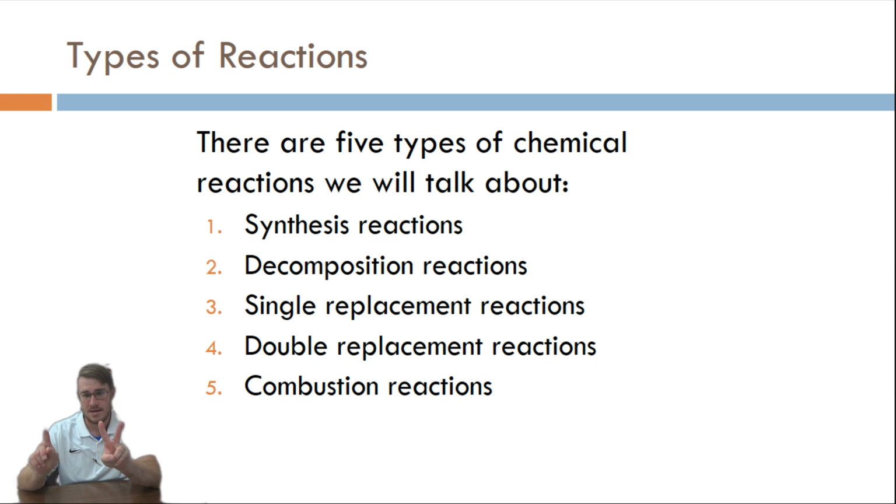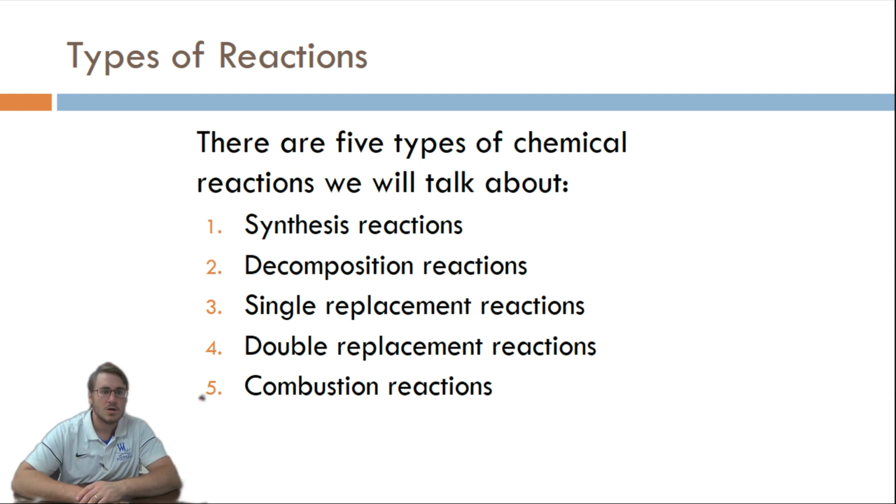And if it's an anion, it swaps places with the anion of the other one, and the new reactant becomes its new anion, leaving the old anion on its own. Or vice versa, the cations can swap places and do the same situation with that.